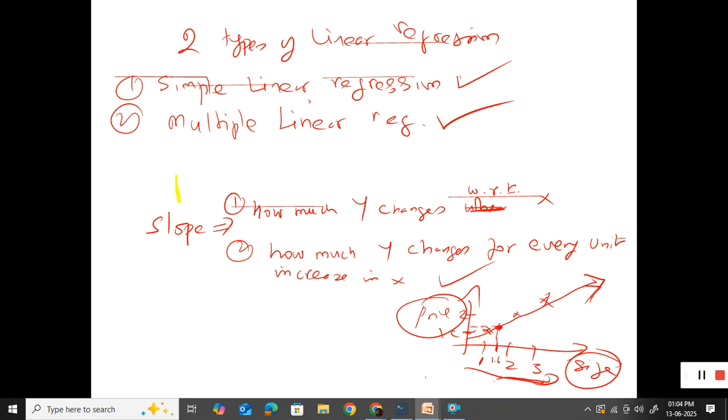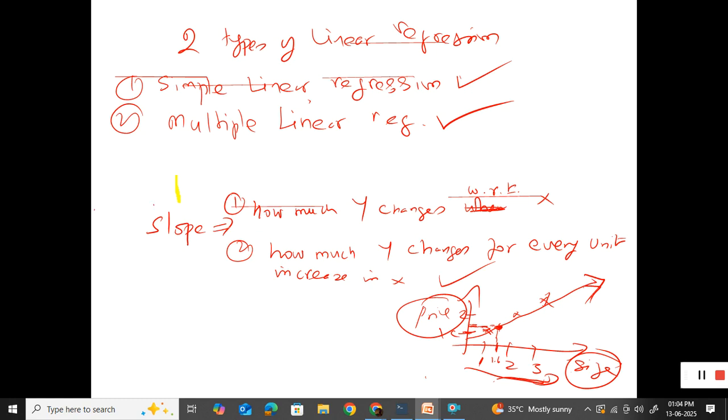So 1 crore is here, and just above it, somewhere here, is the line. So 1.6 gives somewhat 1.4 crore or something like that. What if the square feet size is 1,820? How much is the housing price going to increase? What is the estimated housing price in that case? Just by joining this line, you can get the predicted value.